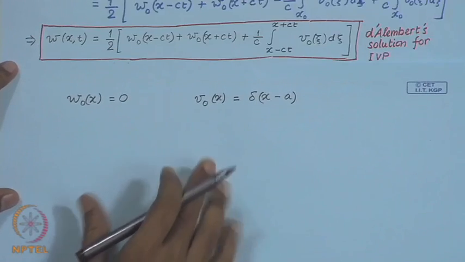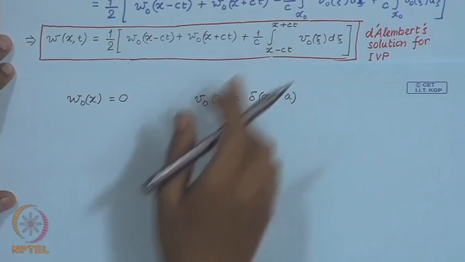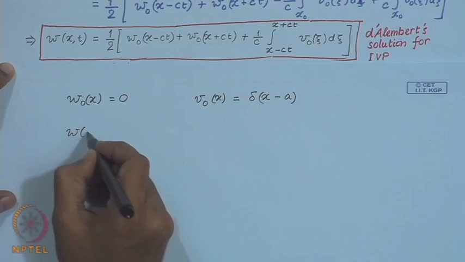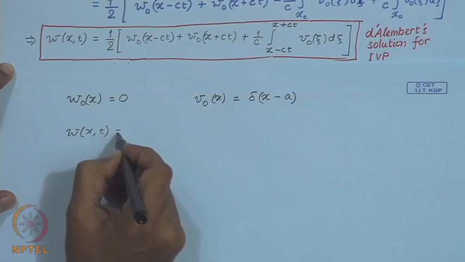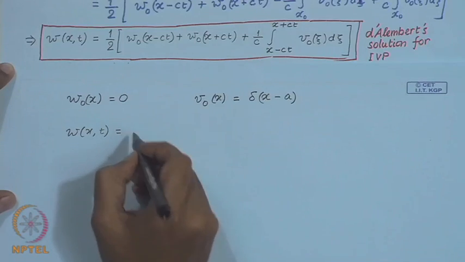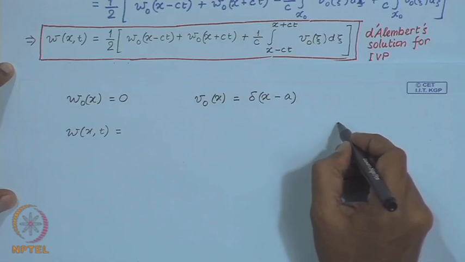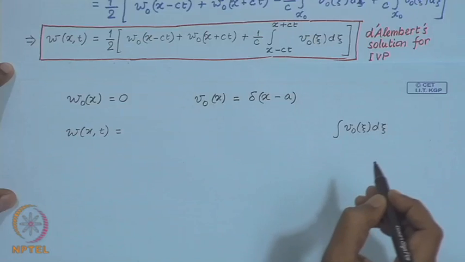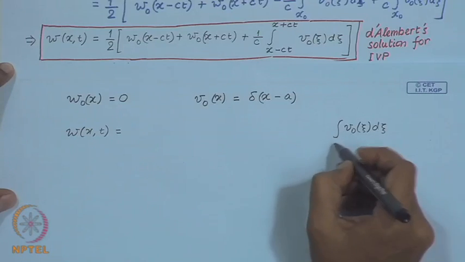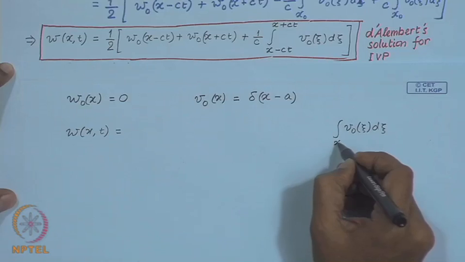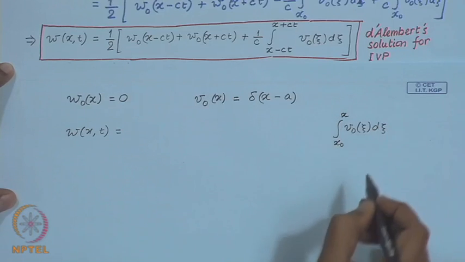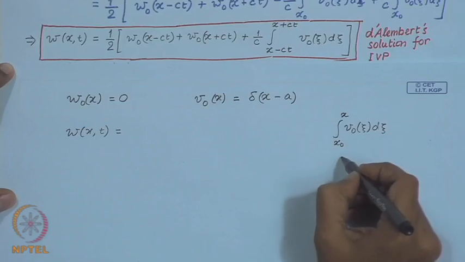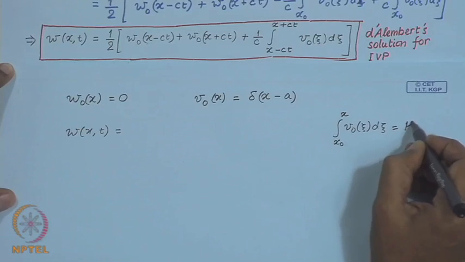So, if you substitute this expression in here, then you will find that you have to perform this integral. Now, when this is a Dirac delta function, then the integral of the Dirac delta function is the Heaviside step function.